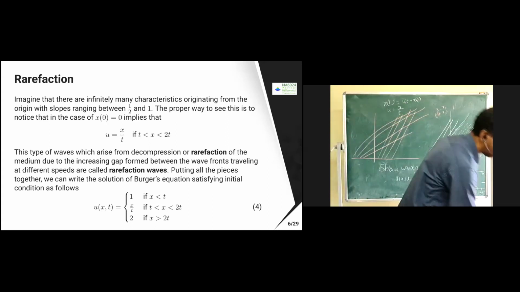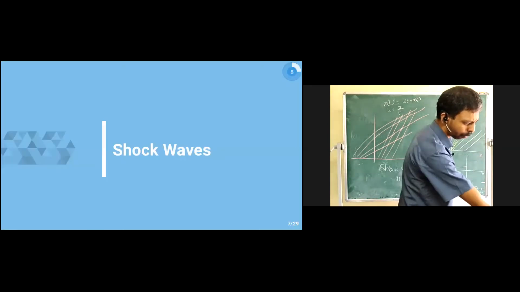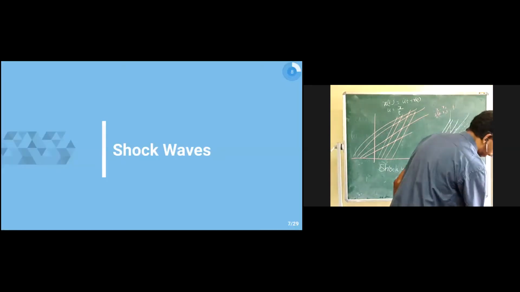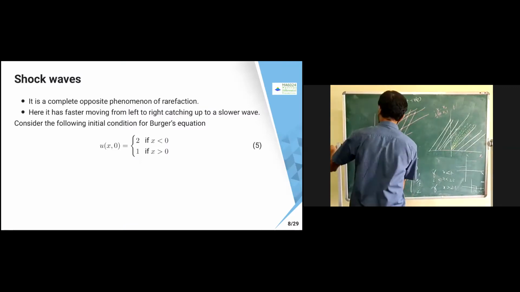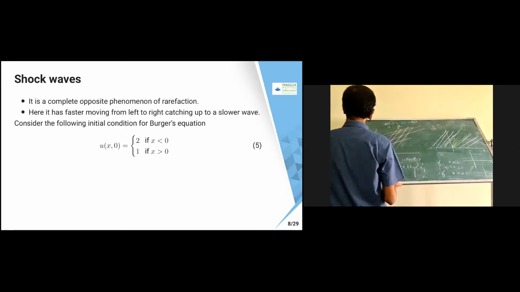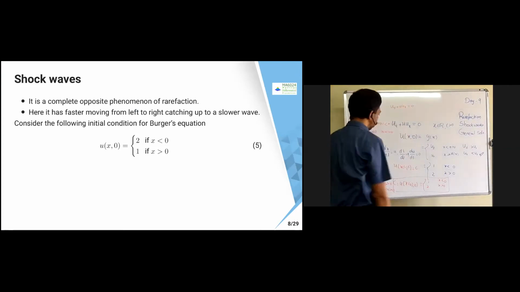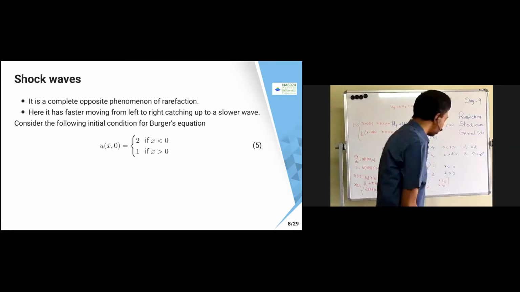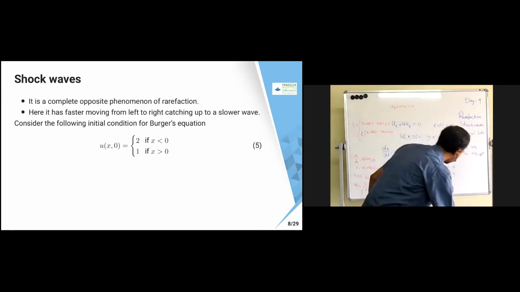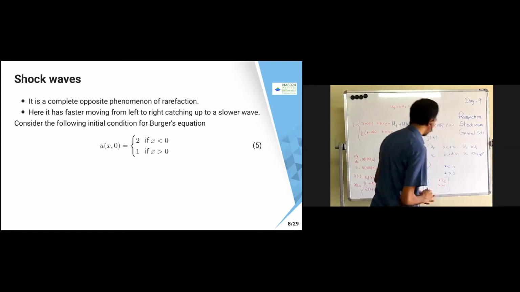Now let's come to another problem. Next is called shock waves. Okay. So when the shock wave comes, let's see. Shock waves, same equation, only the condition I'm going to change. What is the condition? We are simply changing this one. Instead of 1, I'm just going to put this one as 2 and this one as 1.